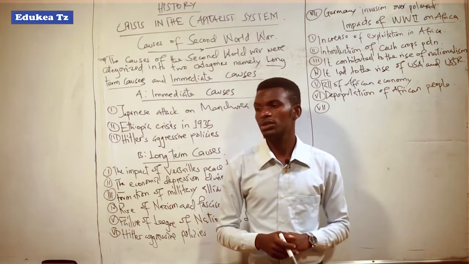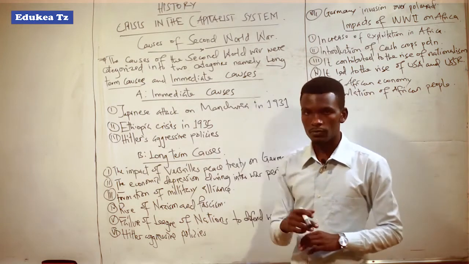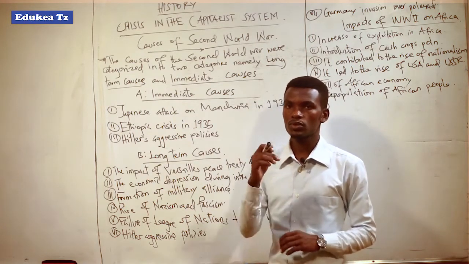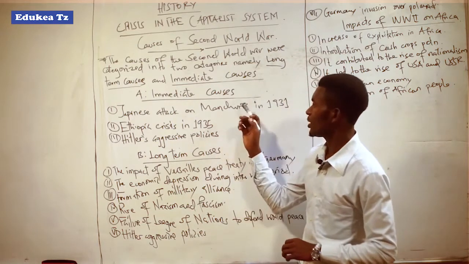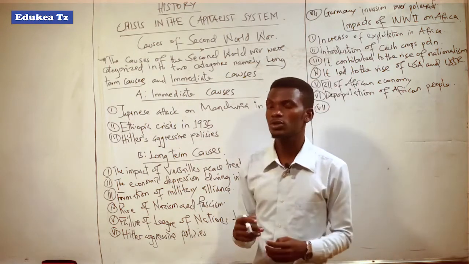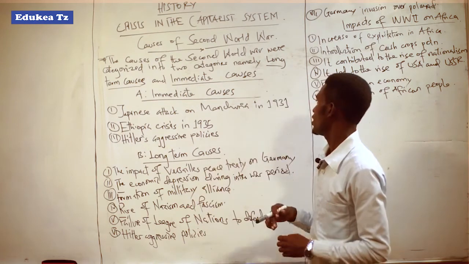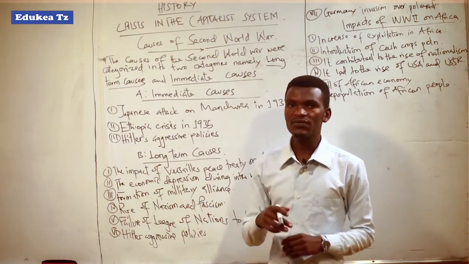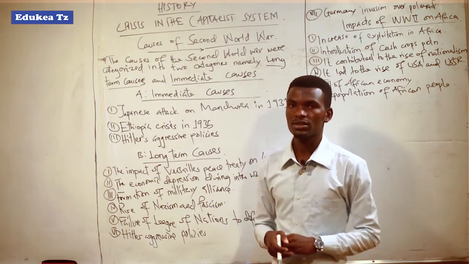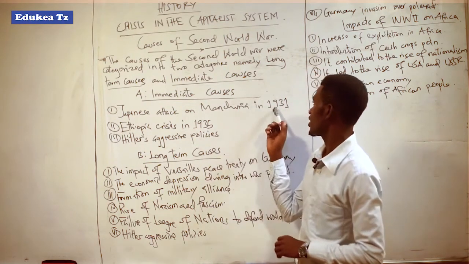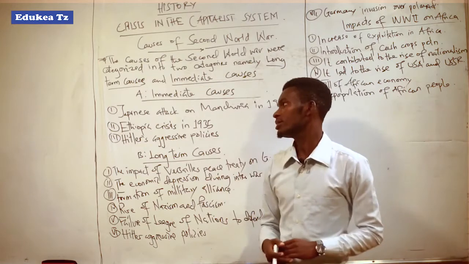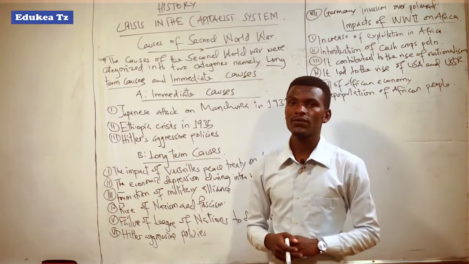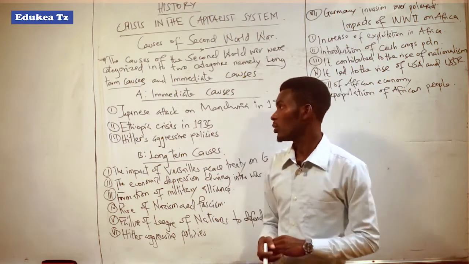That situation led the League of Nations to be silent on that action, and as time went on, in 1933, Japan left the League of Nations, and when it reached 1939, that led to the occurrence of the Second World War.